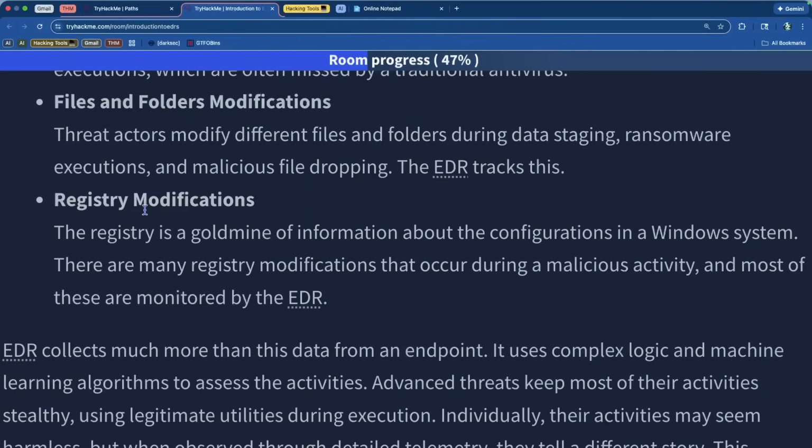Registry modifications: this is where a lot of things reside on a Windows computer specifically. I haven't really heard of a registry existing in Linux or Unix environments, but inside of Windows there's definitely something called the registry, and it's a very big goldmine. There's a lot of information about the configurations in a Windows system, and many registry modifications occur during malicious activity, and most of them are monitored by the EDR.